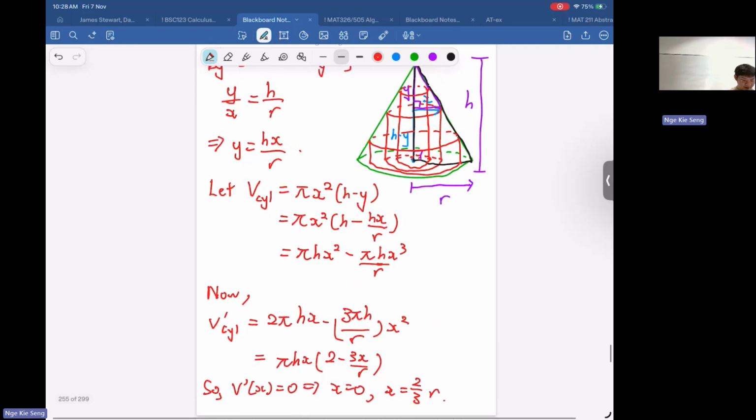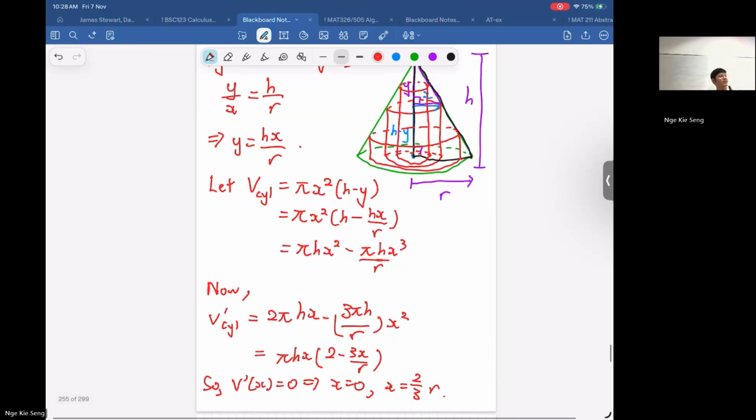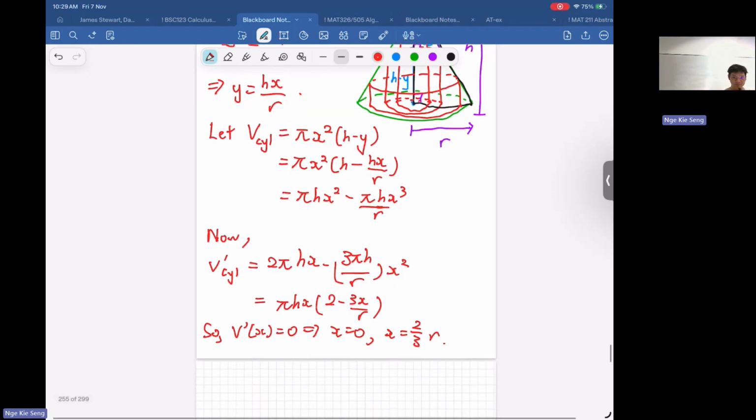So is it possible that x equals 0 is the local maximum or minimum? Is it possible? If your x is 0, your radius is 0, your volume is 0. Okay, can't be maximum, right? But if x is 2/3 of r, then it will be a maximum.